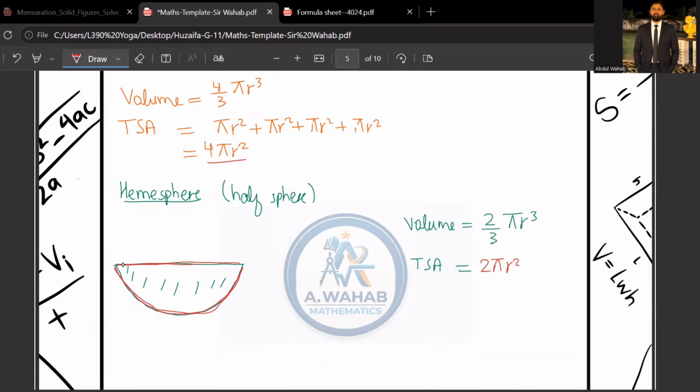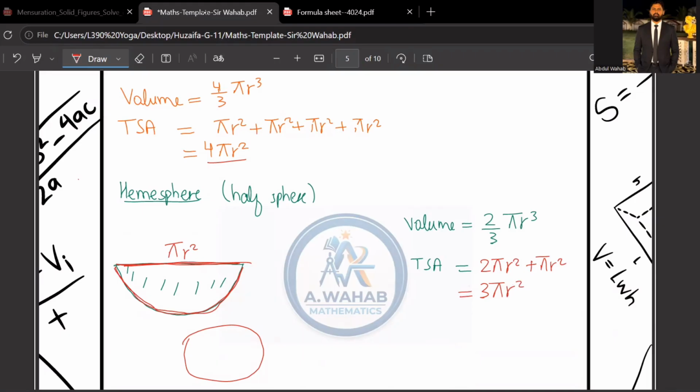And if we see this portion from the top, it's a circular portion. It's in the circular shape. So it's also representing a surface whose shape is a circular face, and the area of the circle is pi r square. We just need to add pi r square. That's why for the total surface area of the hemisphere, we have the formula 3 pi r square.